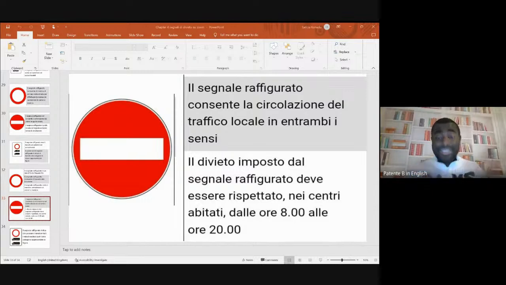We only see the general signal, and it means that it's from Monday to Sunday, tutti i giorni, 24 su 24. So it is all day, all time. We don't have a specific time because we only see the general signal. So the first one is false, and the second one is also false.